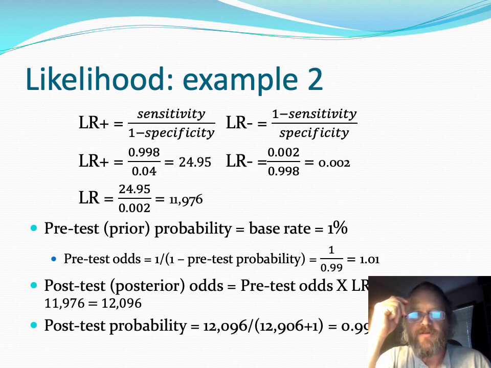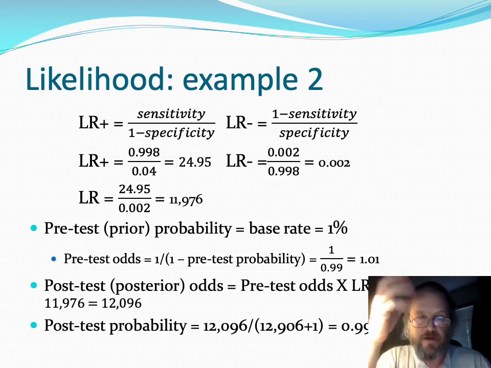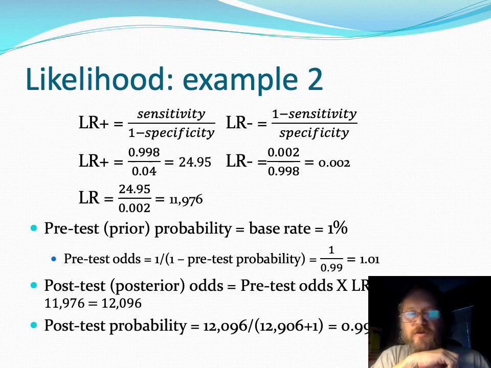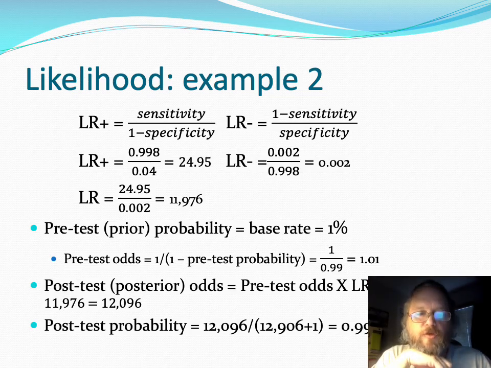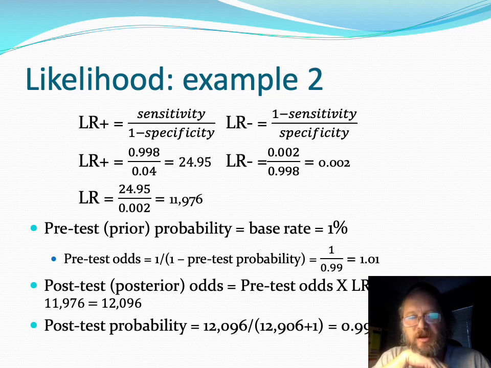That's the likelihood that he's not a drug user. That's the likelihood that he is a drug user. And so when you take the ratio of those two, it's a huge number. So again, we would say that we have evidence that he is in fact a drug user. And then here's the details. The post-test probability is now we're pretty much 99.9% certain that he's a drug user. Okay.